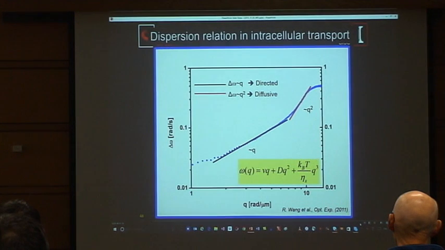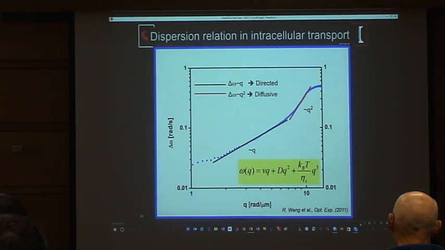What we found is very interesting: for live cells, pretty much all the cells that we looked at, it always looks like this. This is the dispersion relation, delta omega, the bandwidth, versus spatial frequency. It's a combination of a linear dependence on q and then a quadratic one.